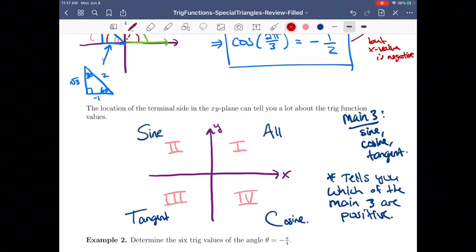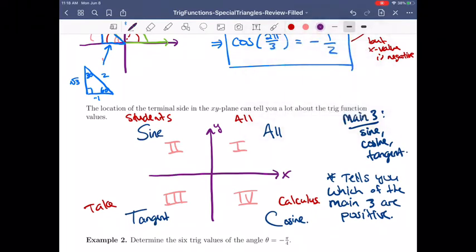You can make up your own mnemonic device if you want. The one I used was all students take calculus. That's the one I learned in high school, but if you have a better one, use that. That's what it stands for, and that's telling you where each of them is positive.